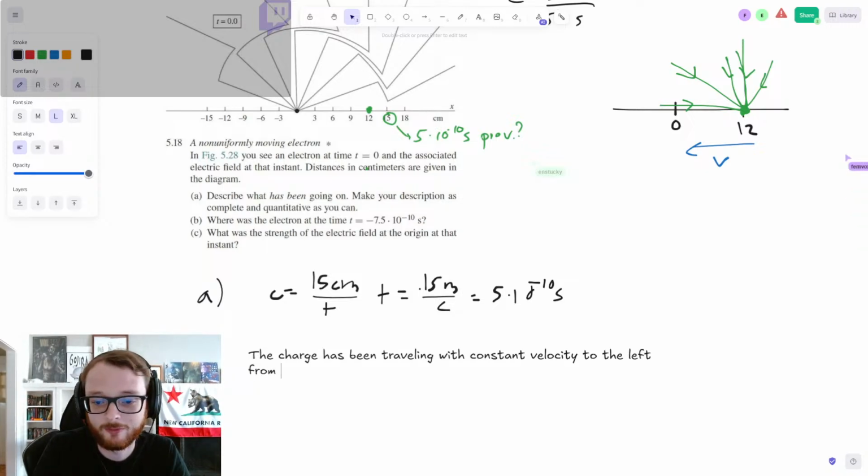Let's get to the left. It's a 2 x equals, we're saying it only started decelerating at 12 centimeters.